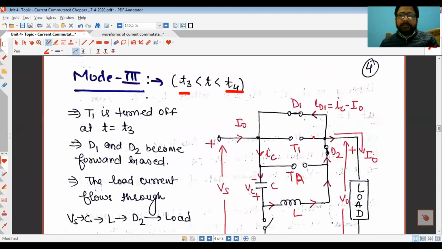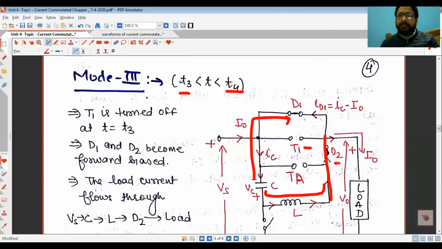In mode 3, you can see, though T1 has become reverse biased, it is turned off. But this negative voltage will turn on this SCR and make it forward biased. And this positive voltage is appearing because this path is completely short, assuming D to be an ideal switch.